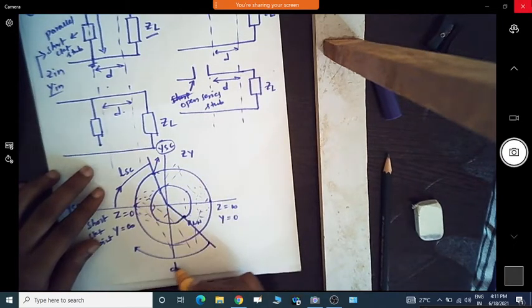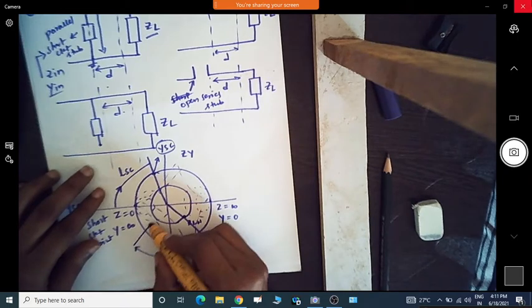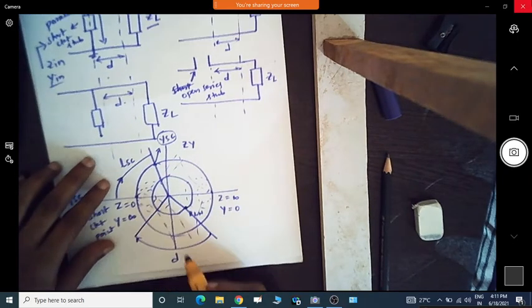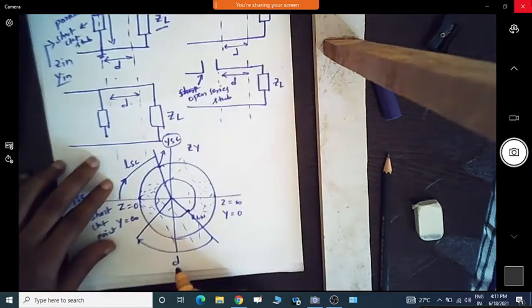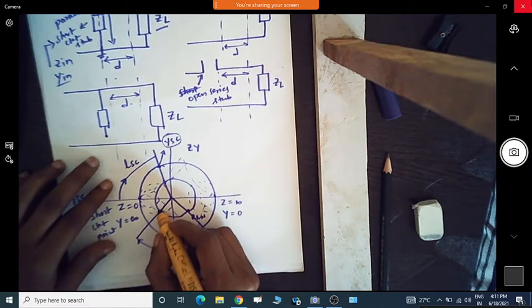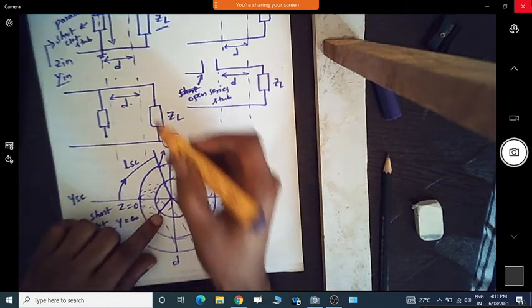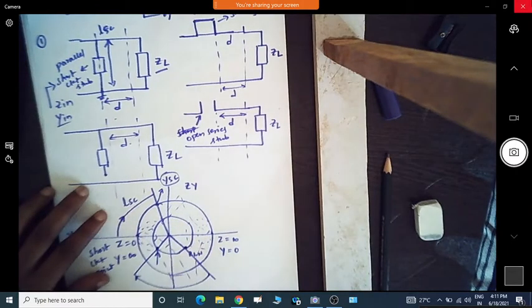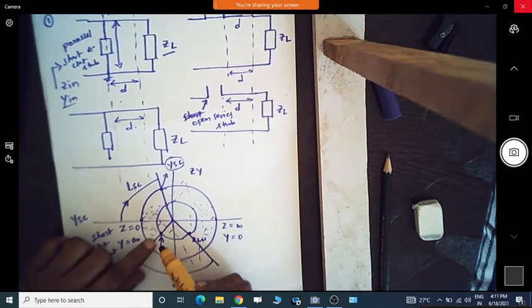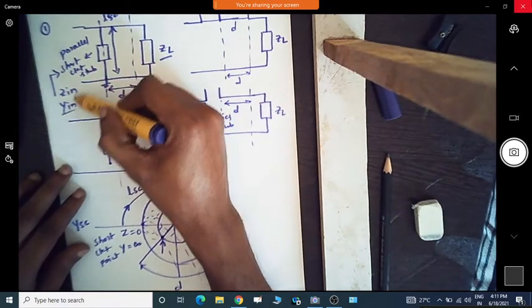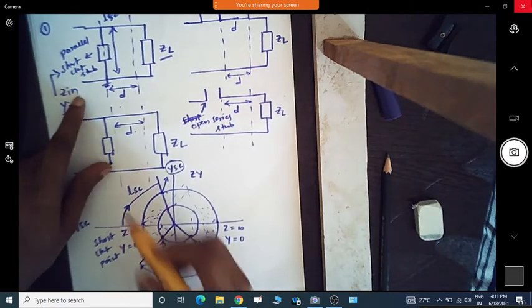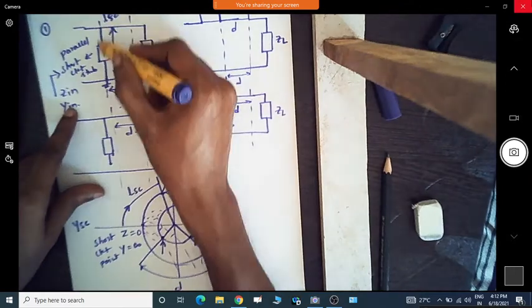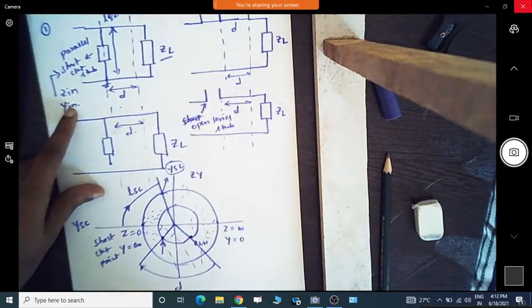Let us take this distance I am moving, from the load point. Now this is the point where we have the location of the stub. Since we have to find the input impedance, we first find the admittance, because it is a parallel stub and we need to add the susceptance.